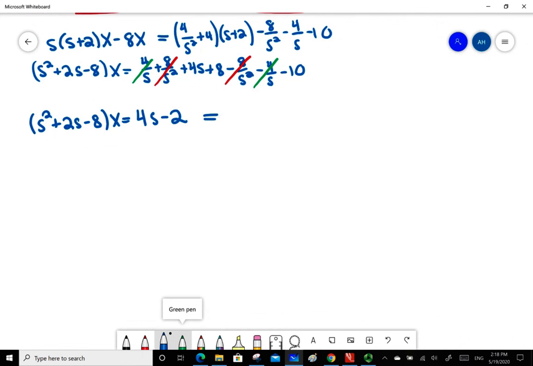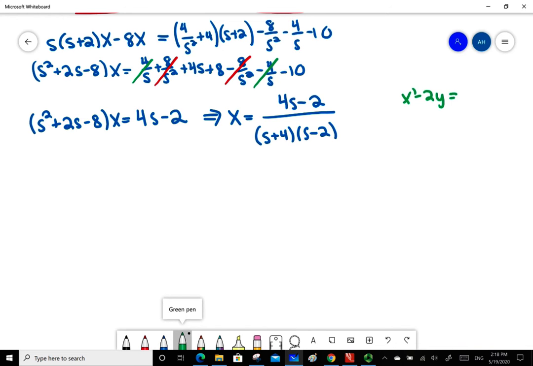So X equals (4s minus 2) over (s squared plus 2s minus 8), which factors as (s plus 4) times (s minus 2). We could find Y right now, but it will be easier to just use that x prime minus 2y equals 4t, so y equals 1/2 x prime minus 2t once we know what x is.